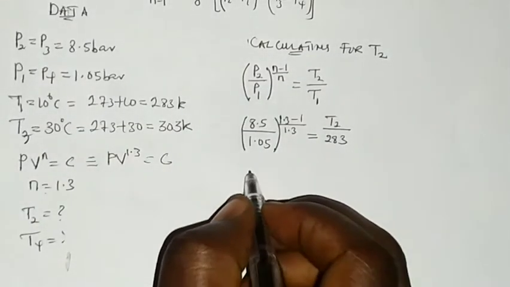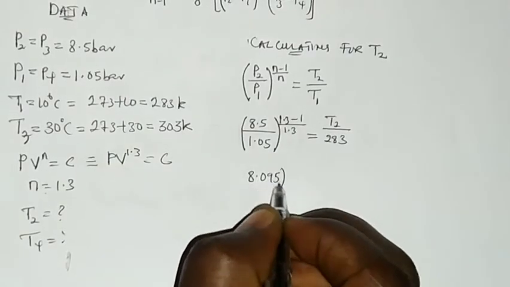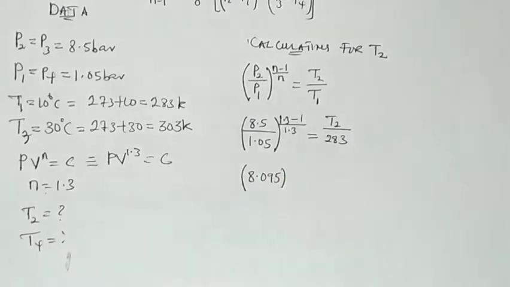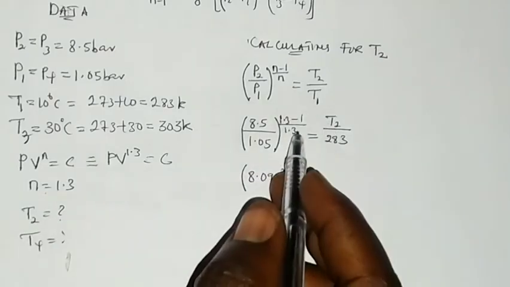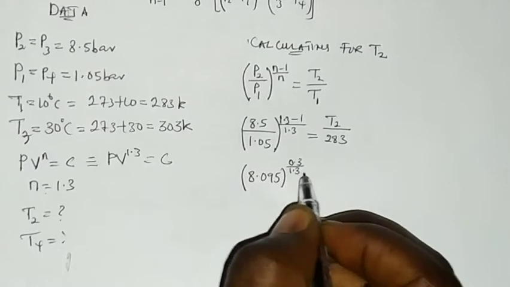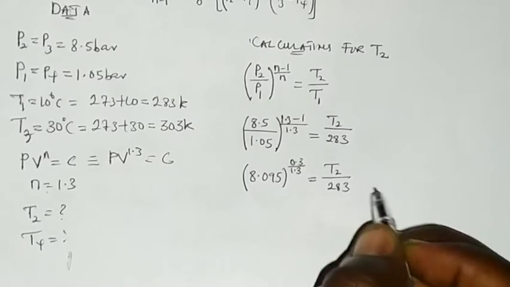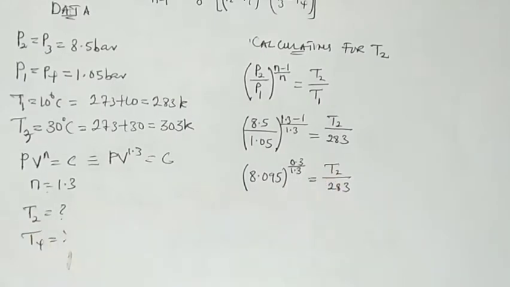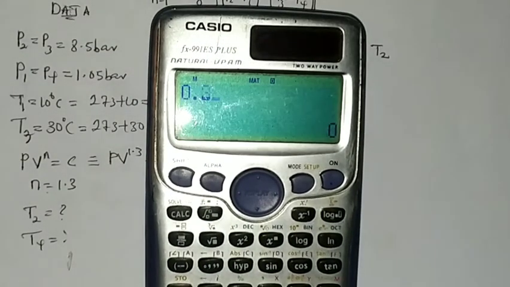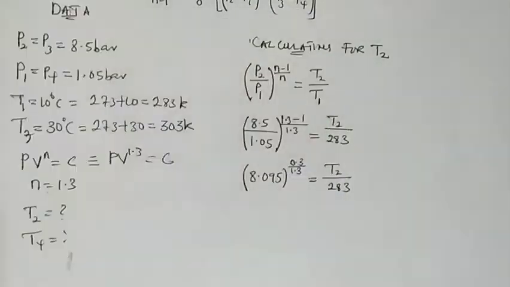So we have 8.095 raised to the power of (1.3 minus 1), which gives 0.3, over 1.3, equals T2 over 283. If you divide 0.3 by 1.3, I'll have 0.2307.